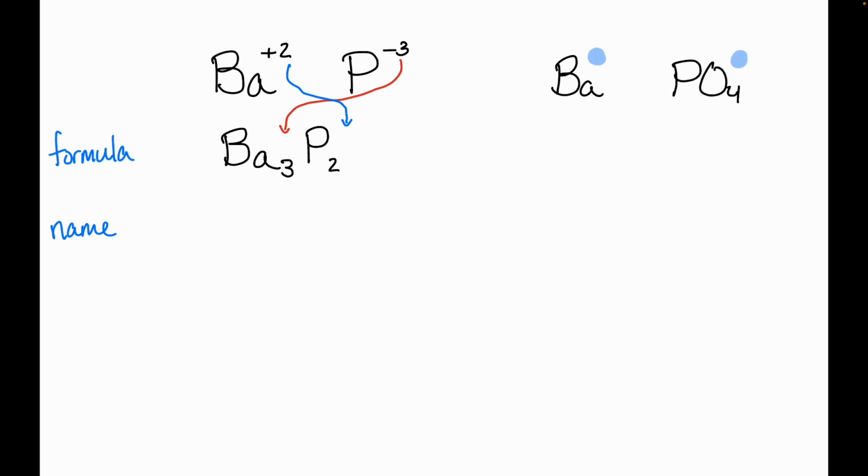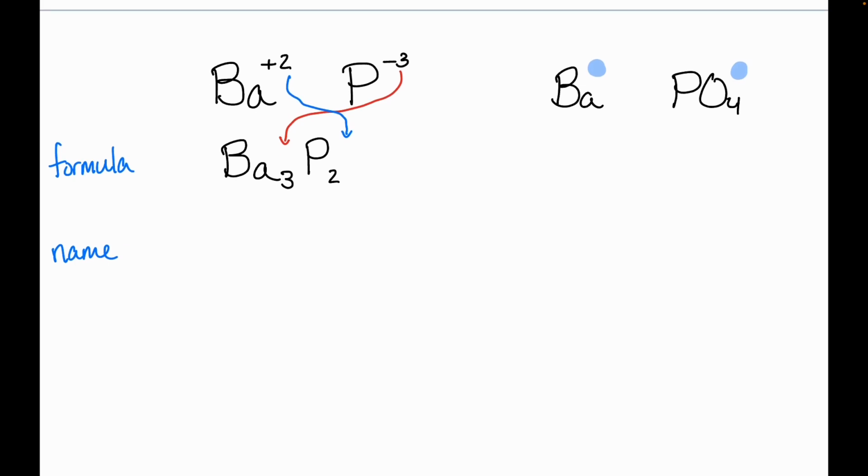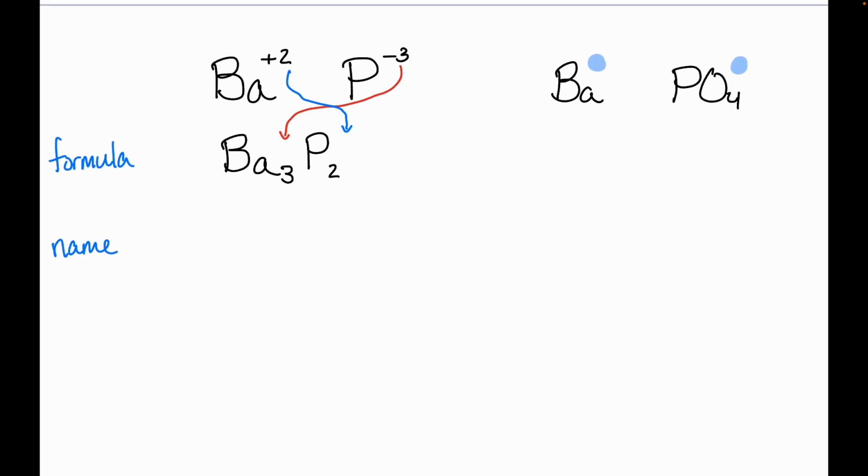Now we have to name this compound. Is barium a type 1 or a type 2 ion? What do I mean by type 1, type 2? It's whether I have to use the Roman numerals. There are certain elements where we have to use the charge in Roman numerals, other ones we don't. Barium is a type 1, meaning no Roman numerals.